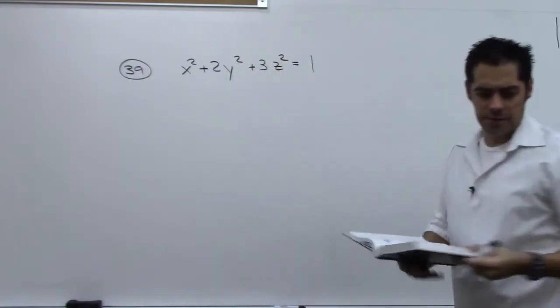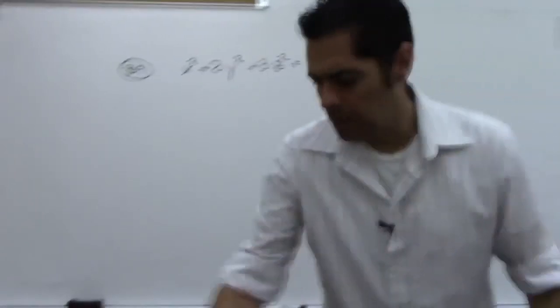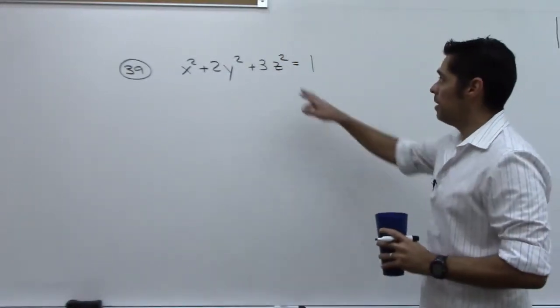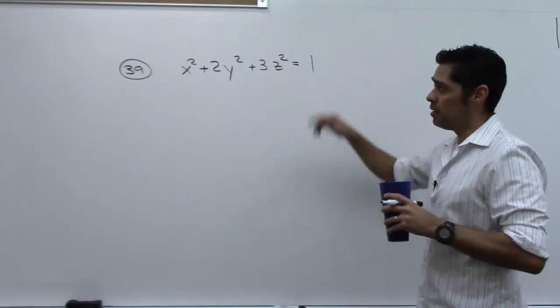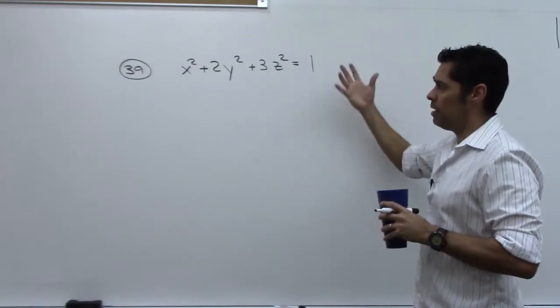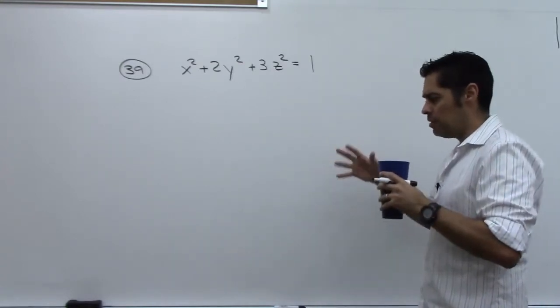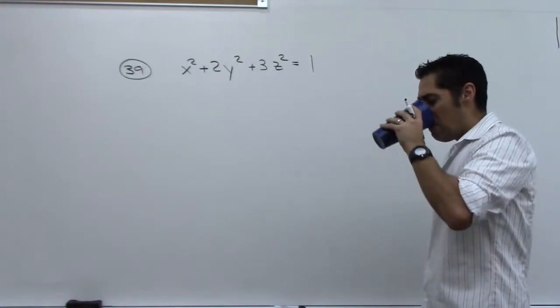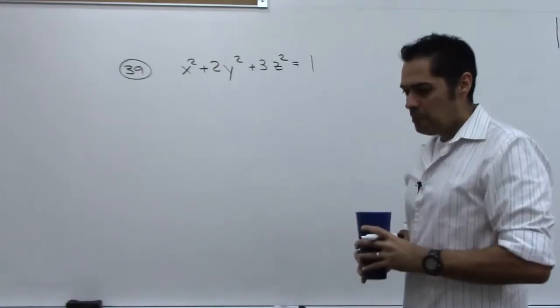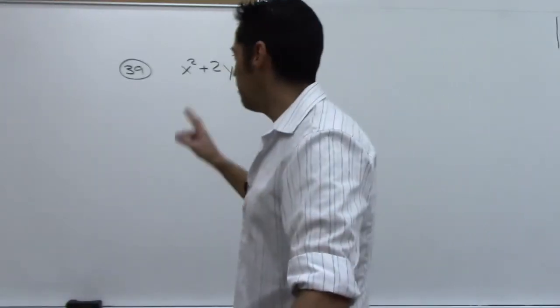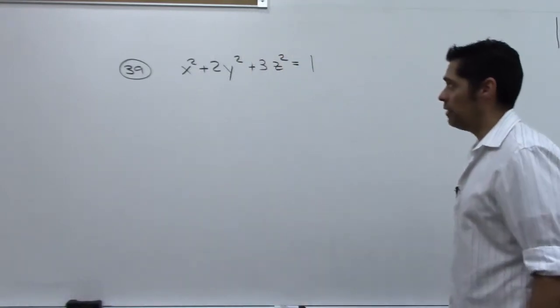That's a quadratic surface. The problem is, we cannot solve for z explicitly. If we try to solve for z, we're going to get a square root and a plus or minus. We're going to have two different functions. So this is not a true function of two variables.